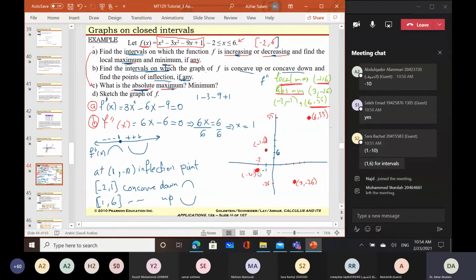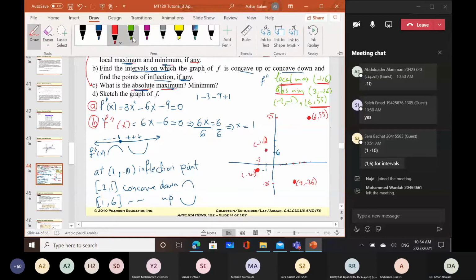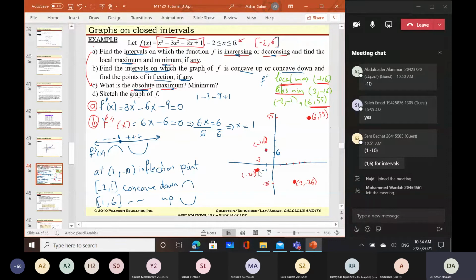So I begin now. I said that this is a local maximum and the concavity here is down. I begin sketching from the first endpoint, which is minus 2, minus 1. Then I increase the function until minus 1 and 6.